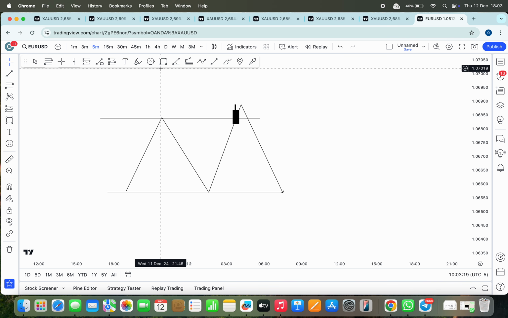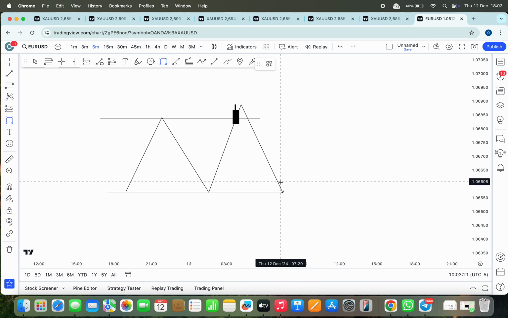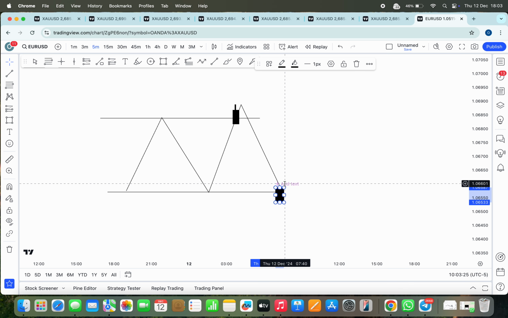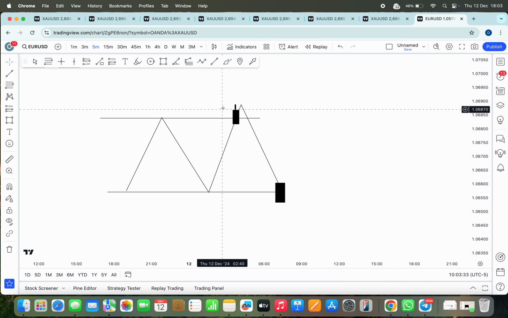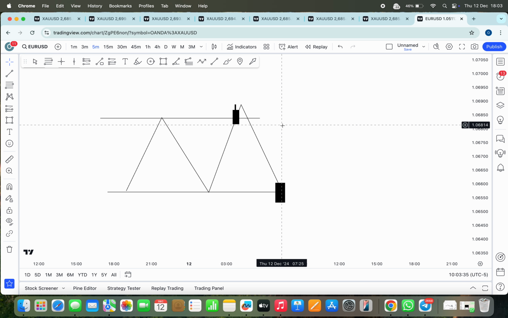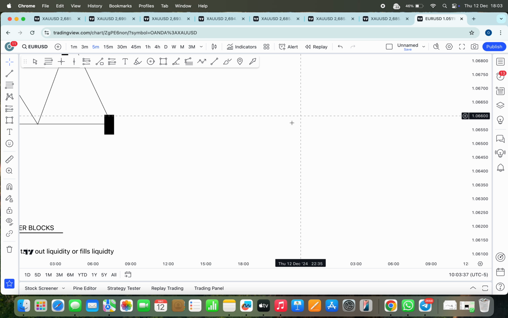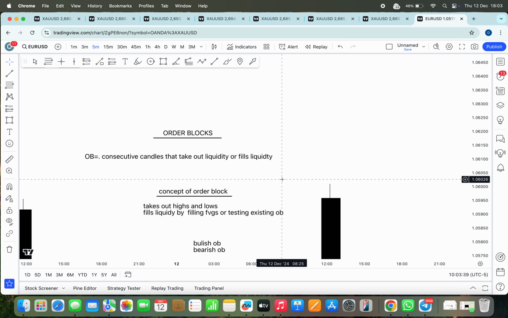Either buy side or sell side. It can even happen on the sell side right over here. Let's say this is a bearish one. So these two candlesticks, this one on the sell side took out the sell side liquidity. We are going to use it as an order block, and this one over here, we're going to use as an order block. Hope you have understood.